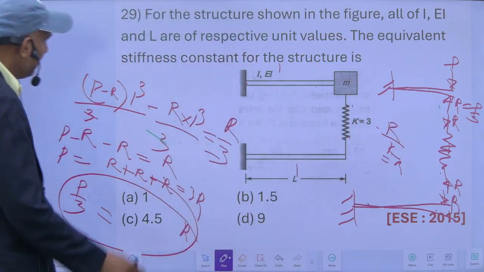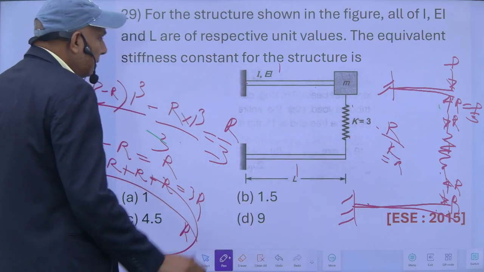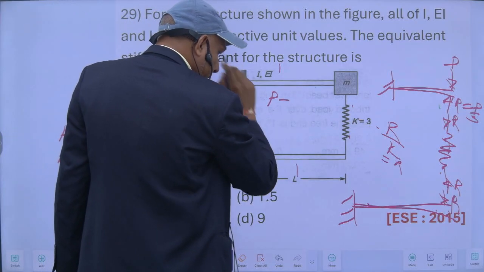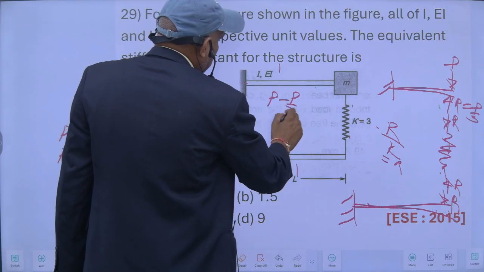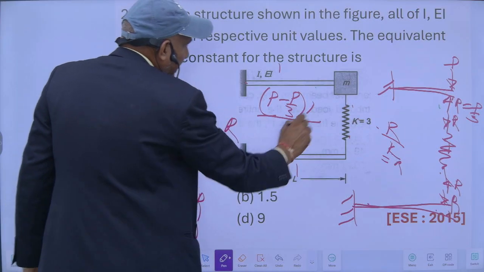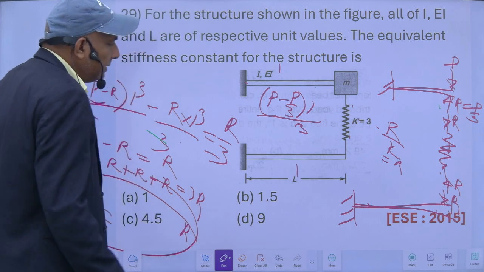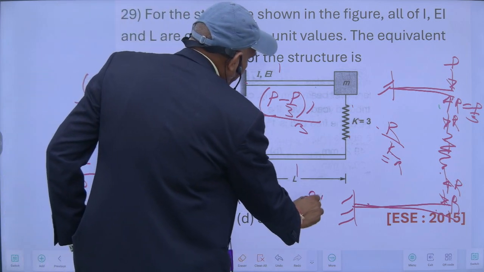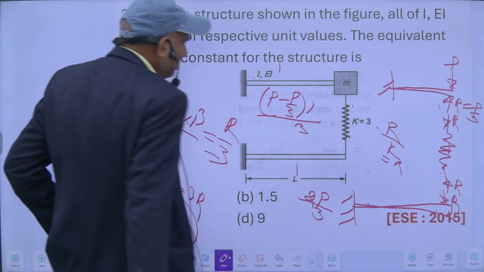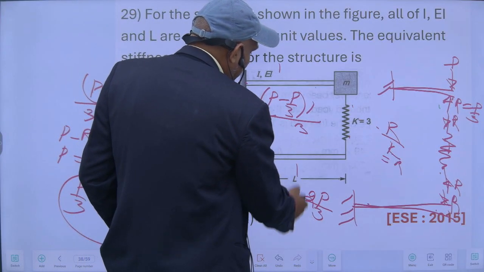My net deflection, this is P minus R, this minus this. So this will be P minus R is equal to 2P by 3, into 1 cube upon 3 EI. EI is 1.